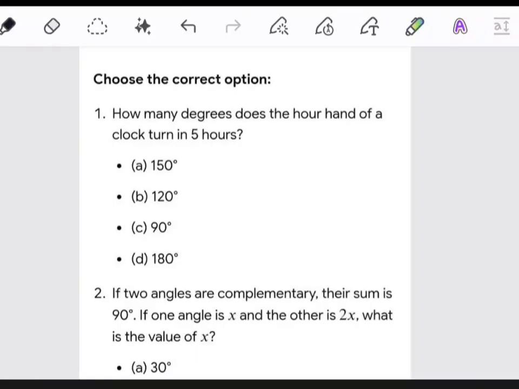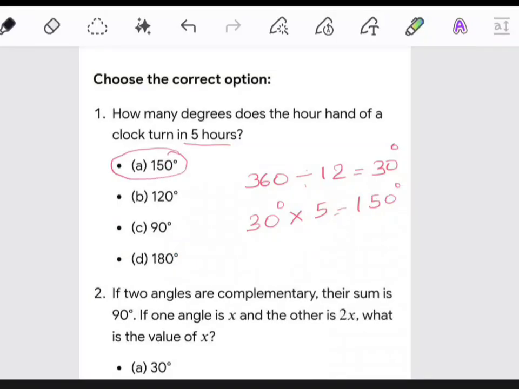So degrees per hour is 360 divided by 12, which is 30 degrees. In 5 hours, we can say 30 into 5, so it is 150. The answer is 150.